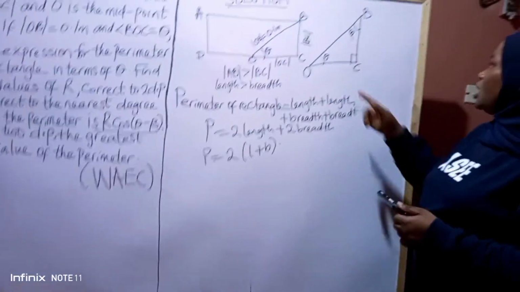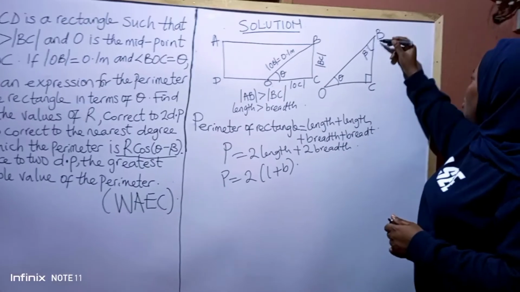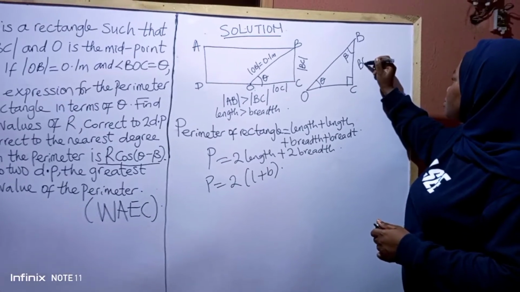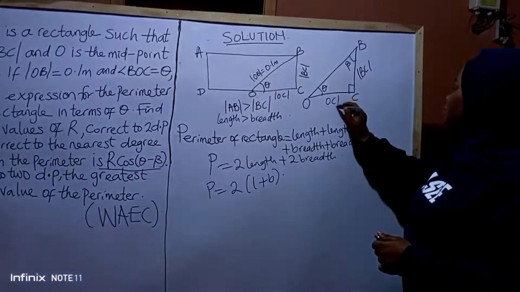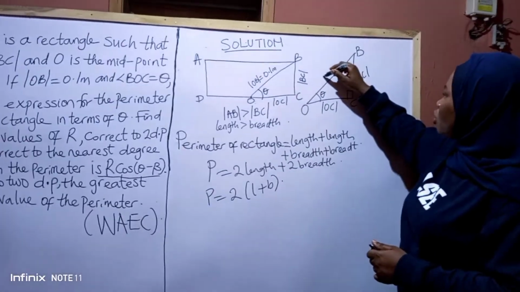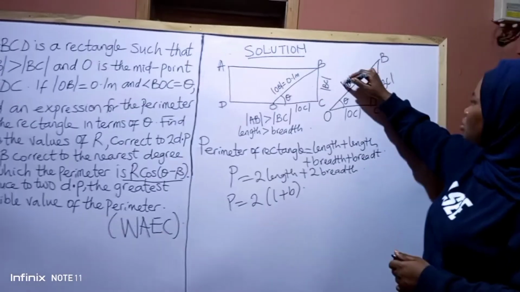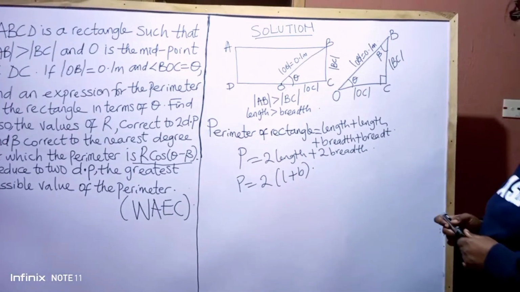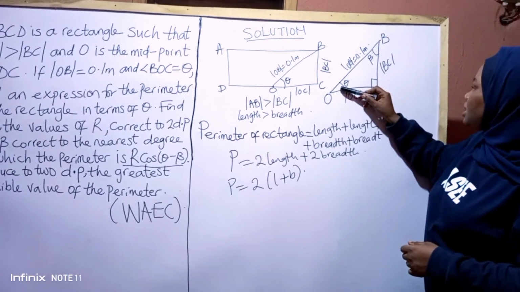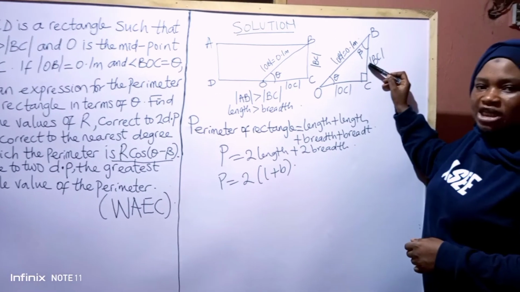From here, we need to find BC, and we need to find OC. We have known OB to be equal to 0.1 meter. You can see that this theta is looking at BC.